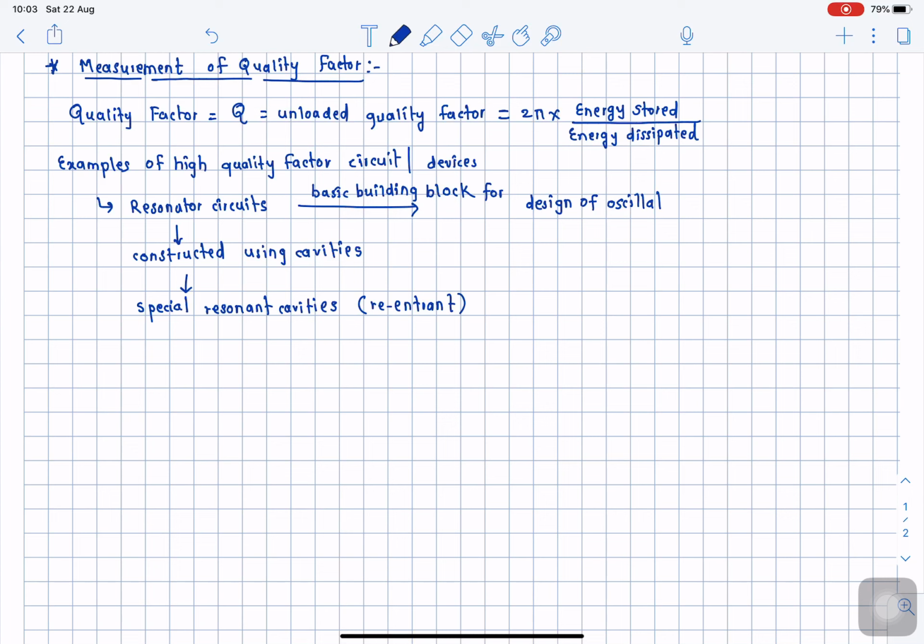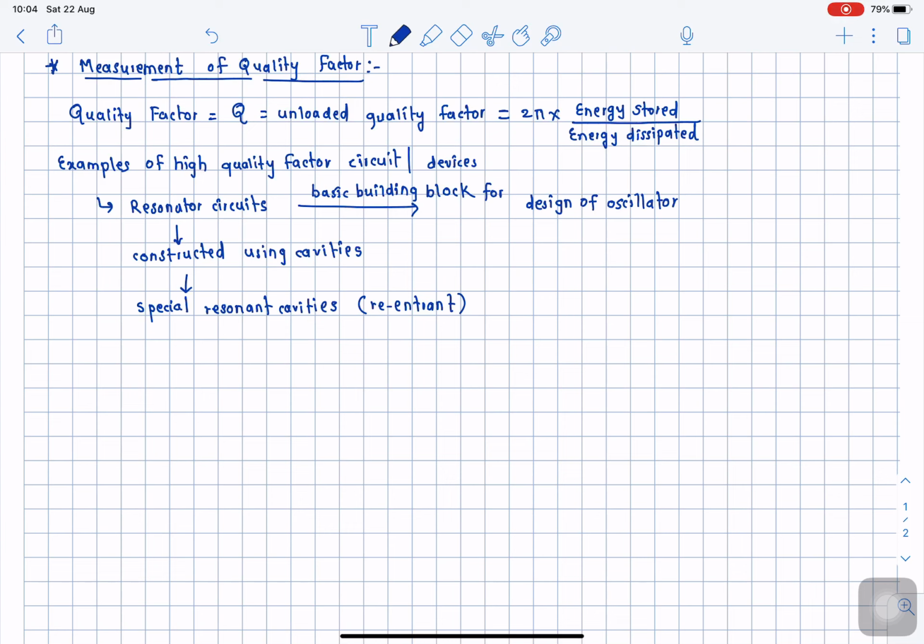So a high quality factor resonator is the main basic building block for a microwave oscillator circuit, right? Microwave oscillators have to possess a resonant cavity or resonant circuit, and whenever there is a resonant circuit or resonant cavity, the quality factor is going to be associated, right?